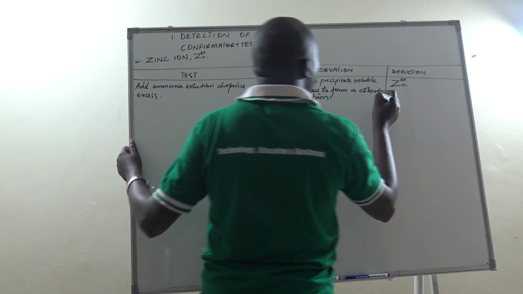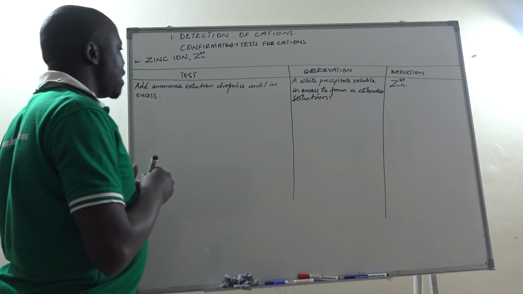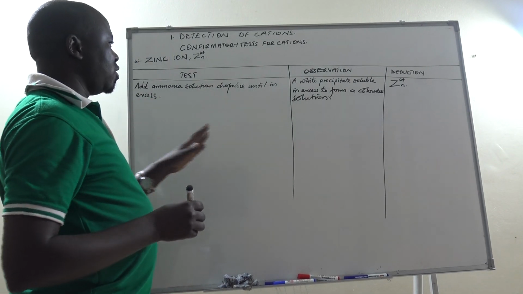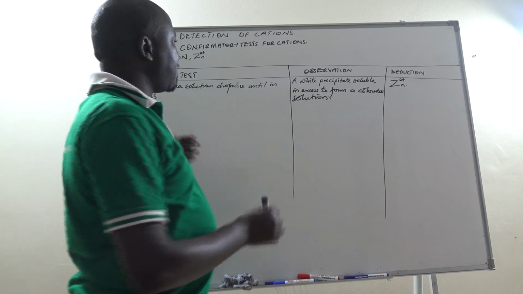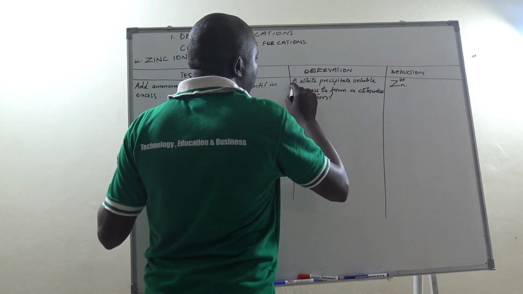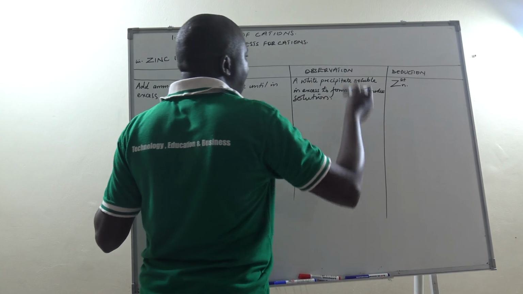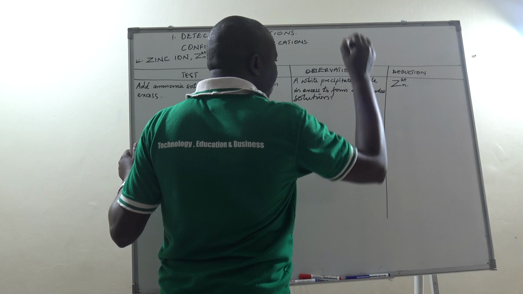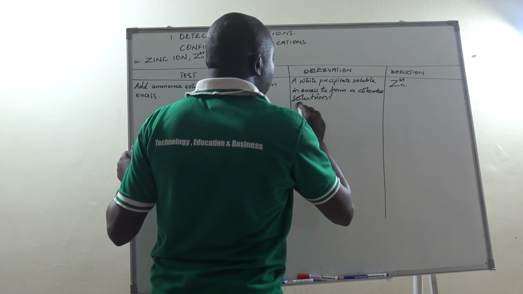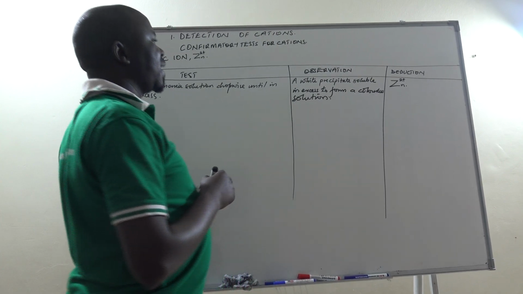Please take note that we had already seen the reaction equations in this case, because we have the equation for the reaction when you have added just a few drops where we get a white precipitate, and then in excess whereby the white precipitate dissolves to form a colorless solution. So it is soluble in excess to form a colorless solution.